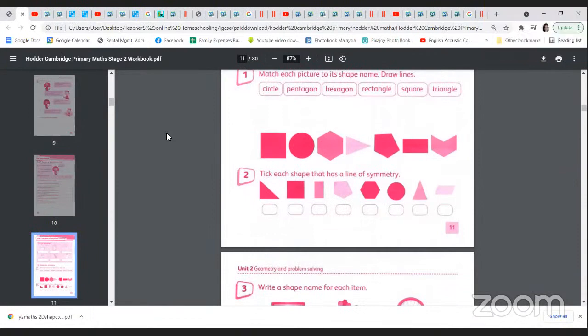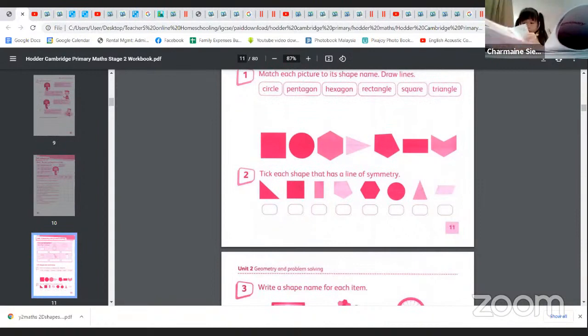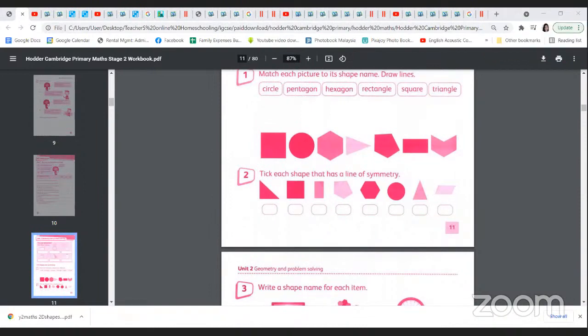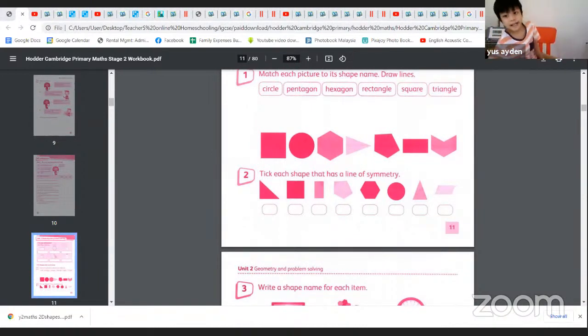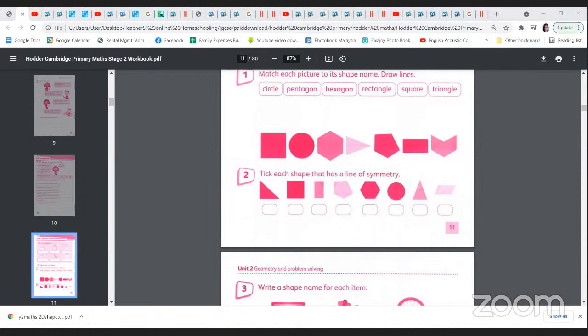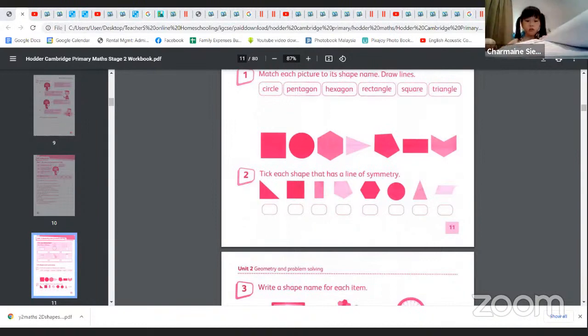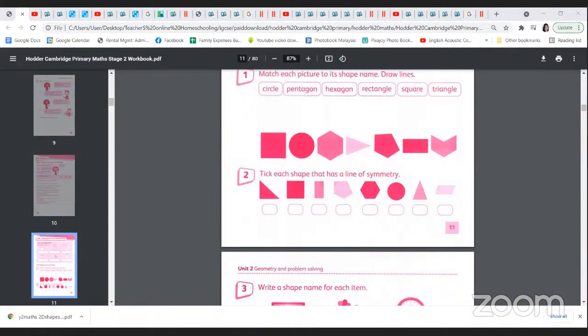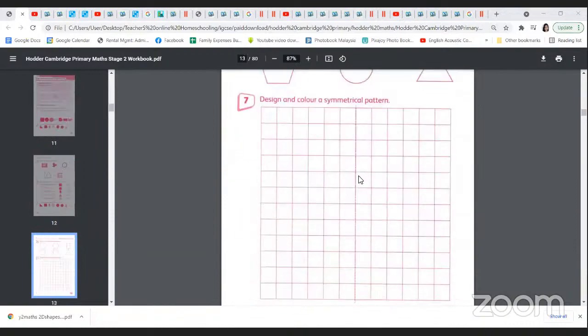Did you do page 11 already? Let me see. Done or not done? Charmaine, I cannot see. Is it done or not done? Done, right? Not done. Understand. Okay, so today we'll finish everything from page 11 to page 14.